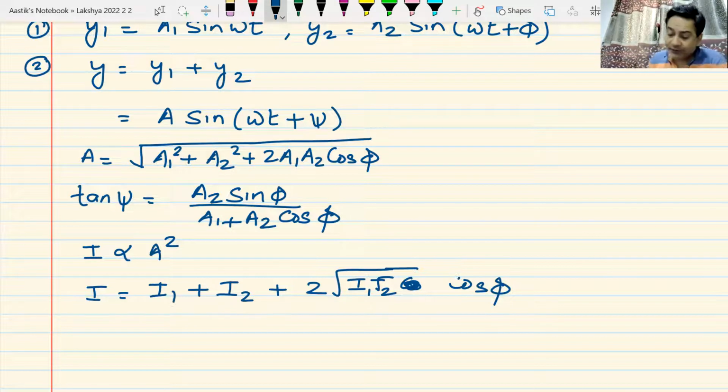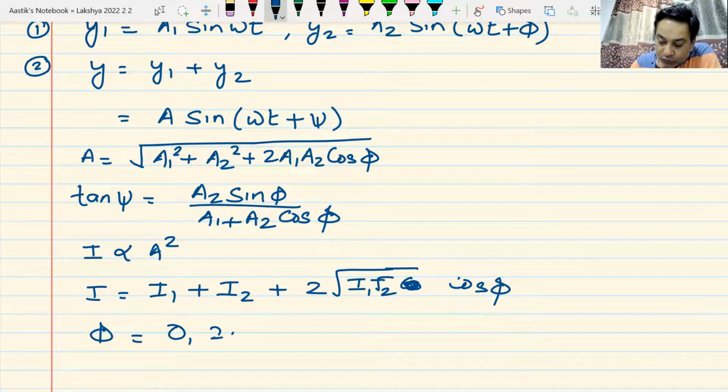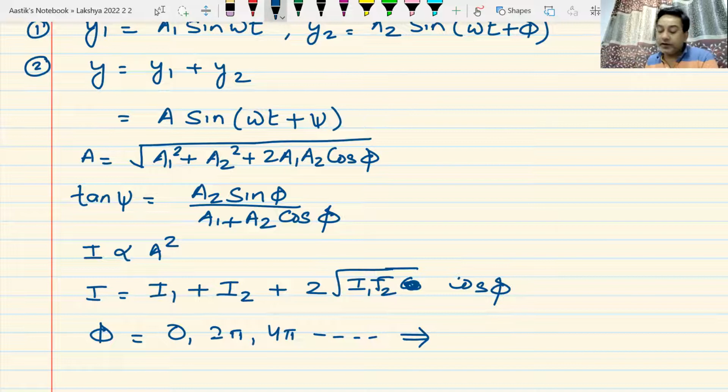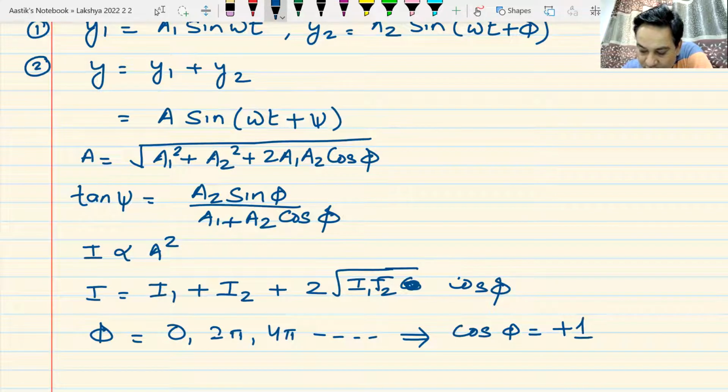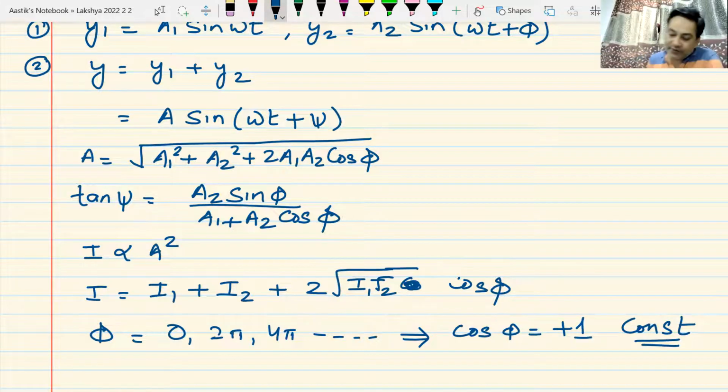We also saw that if the value of phi is an even multiple of pi, 0, 2 pi, 4 pi, and so on, then what happens? We have the value of cos phi as plus 1. Do we remember this? This type of interference is known as constructive interference.